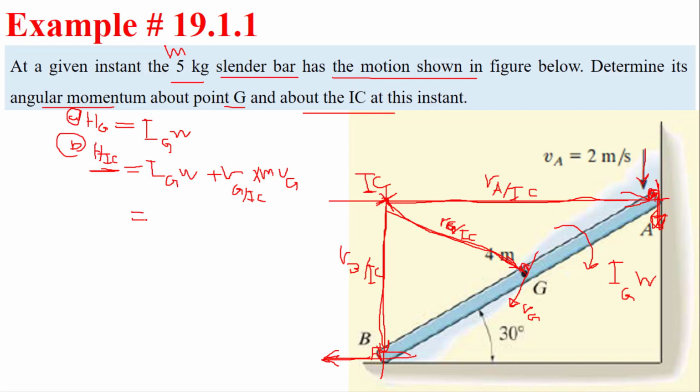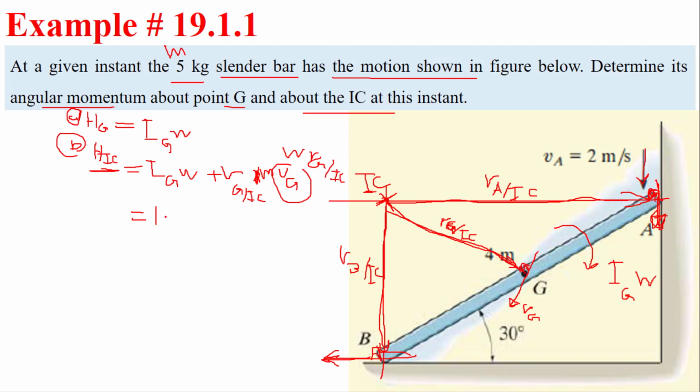Or we write it like, if you want to write it. Do you know what? I will not write it in vector format. I'll write it in scalar format instead of writing cross product. Okay, because we know the direction already. So instead of Vg, I'll write omega R G with respect to IC.